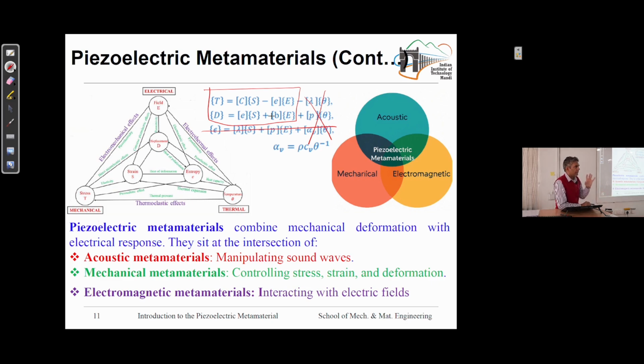But piezoelectric metamaterials are actually the interface between these three domains: acoustic, mechanical and electromagnetic metamaterials, right? How it is, you can see from this picture, right? Of course, you are already aware of this with this discussion.